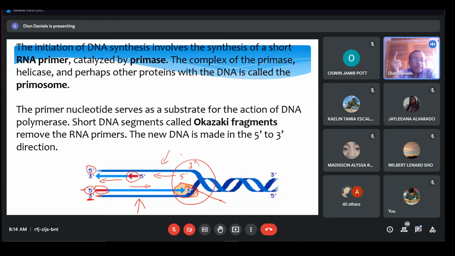But the strand at the top is called a lagging strand because it has a waiting period. It has to wait for the molecule to denature, then for the primer to anneal before it can build in the opposite direction. So that is called a lagging strand. All right? Questions?